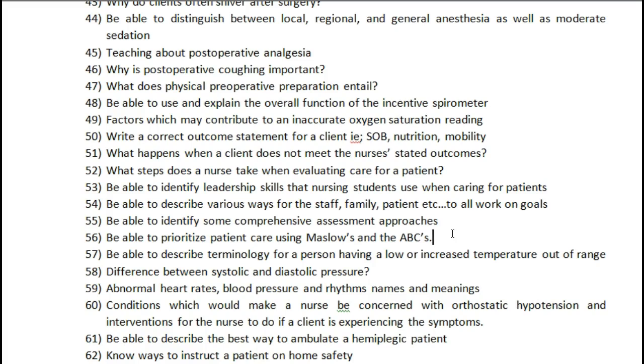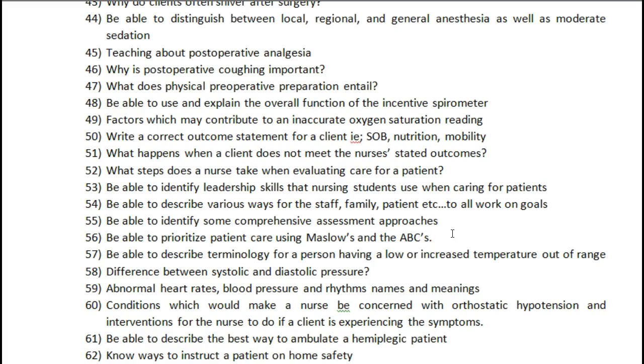Always remember airway, things affecting breathing, and physical needs. You can't take care of anything else if you don't have a person's physical needs met. You might have more than one physical, then you use your ABCs: airway, breathing, circulation.